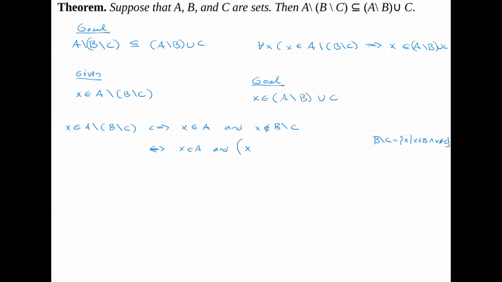And so we have x is not in B. So again, we are negating the definition of what it means to be inside the set B minus C. And that tells us, by De Morgan's law, that x is not in B or x is in C.